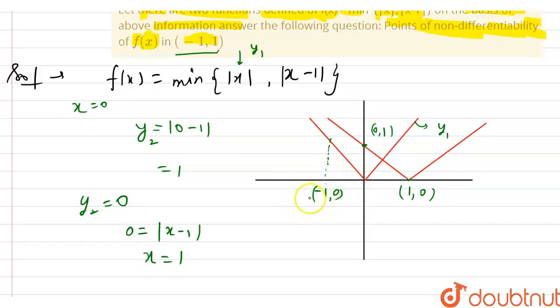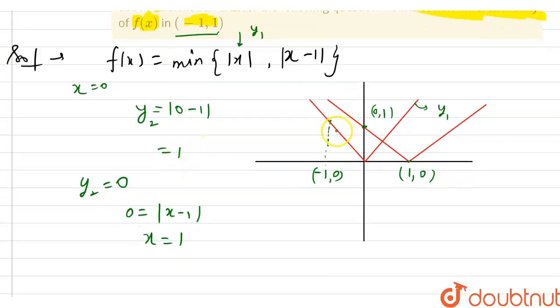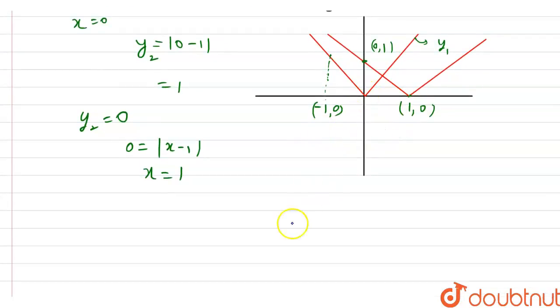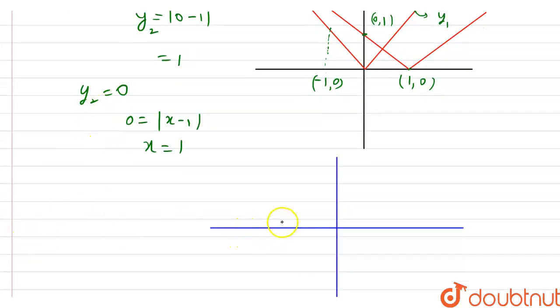Now moving further, you can clearly see that we have to find the non-differentiability points. Non-differentiability points are the points which are sharp. So when I make the graph of only this thing with the interval -1 to 1, let me draw the graph here again. This is the axis, and this is -1, this is +1.